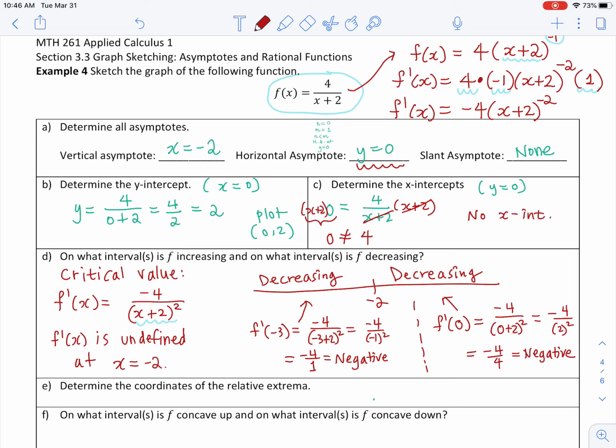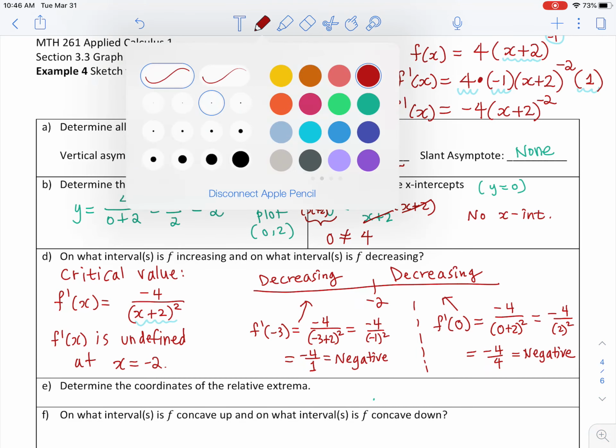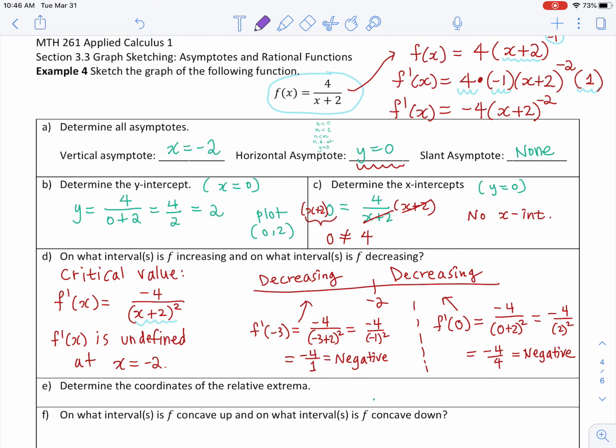It's not increasing anywhere. So I don't know how my math lab will want their answer typed in, because it's not wrong to say it's decreasing everywhere. It's decreasing from negative infinity to positive infinity. But if they're not accepting that answer, maybe try to break this into negative infinity to 0 and 0 to positive infinity.